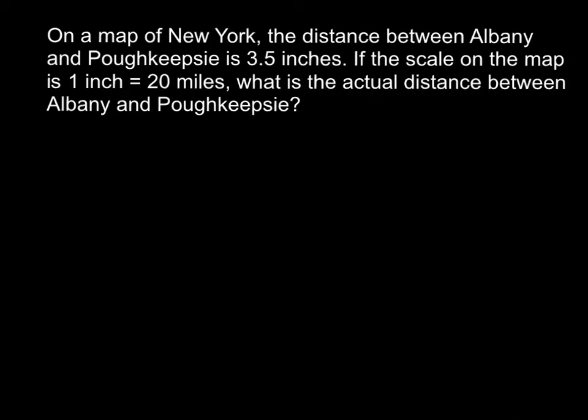So we're going to set up our first ratio that we have both values for, and that's the scale. It says right here, the scale on the map is 1 inch equals 20 miles. So they give us that first ratio. 1 inch on the drawing, or on the map, is 20 miles in real life.